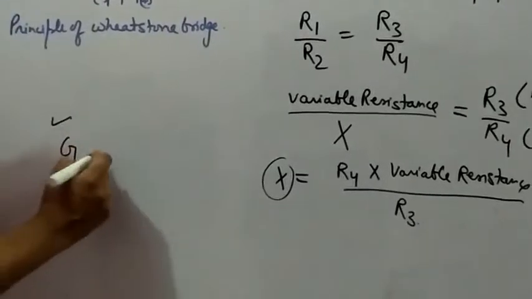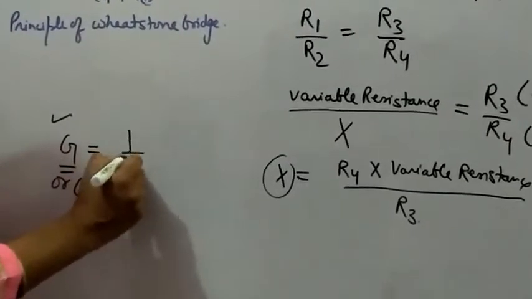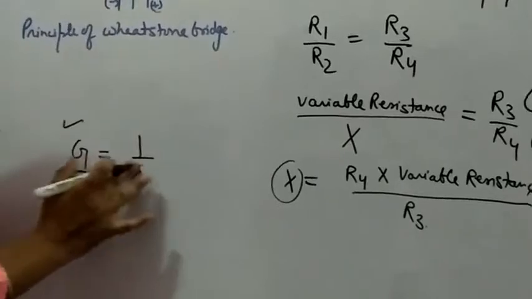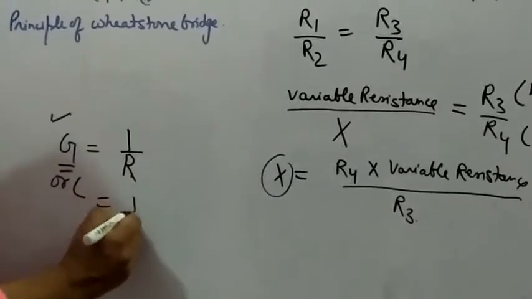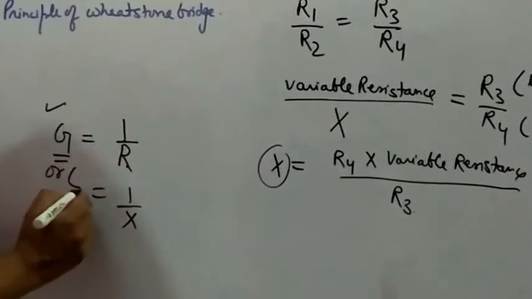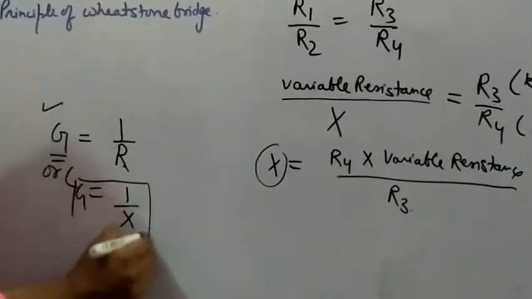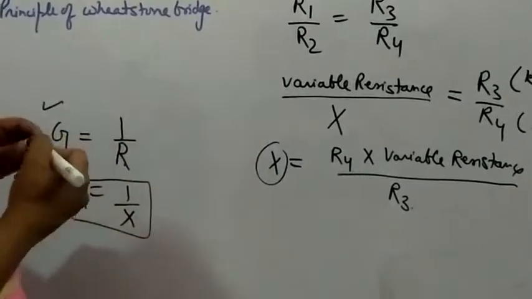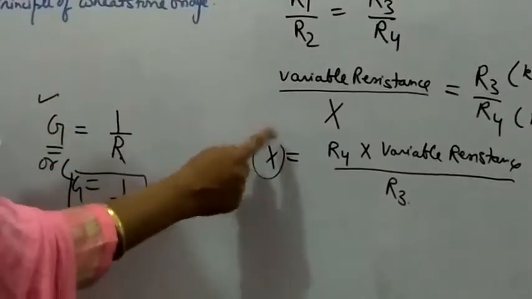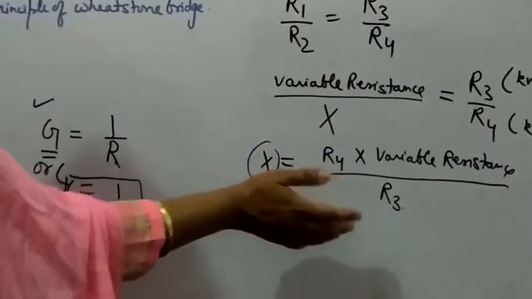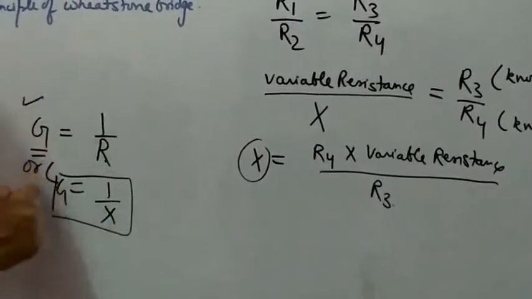G is the conductance and it is just the reciprocal of the resistance. So it is 1 upon R, so it will be 1 upon X, where X is the unknown resistance. We find it experimentally and then put it in the formula to get the conductance.